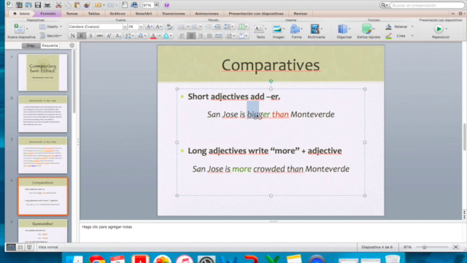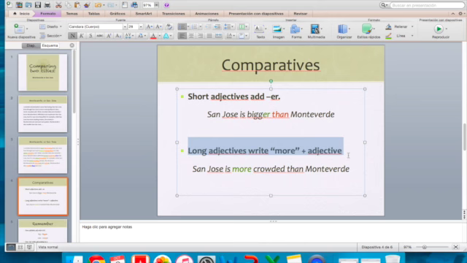If it only has one syllable, like big, and it has this formation of consonant, vowel, and consonant, then we need to double the last consonant. This doesn't happen all the time, but we're gonna take a look at that in a minute.